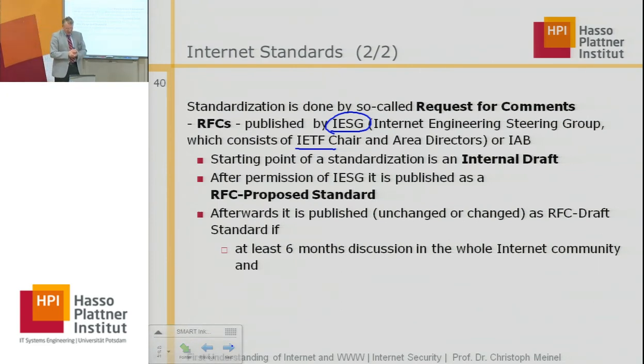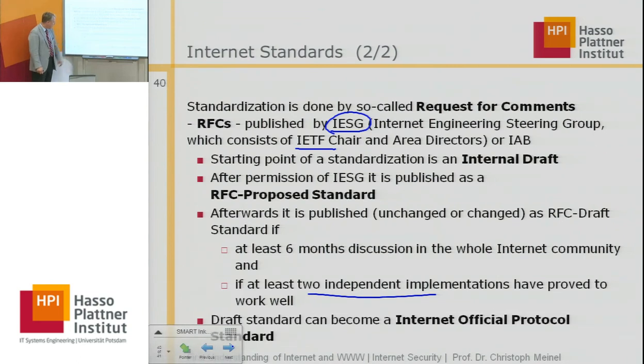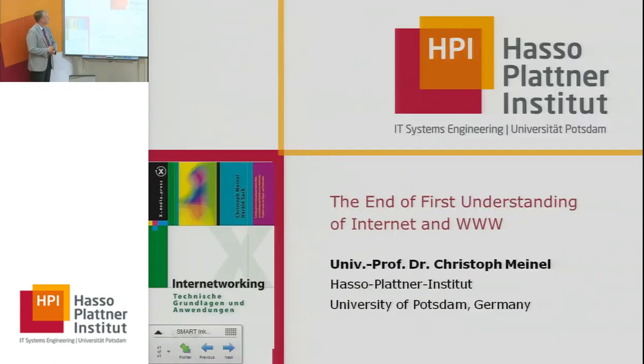This needs to be done after at least 6 months of discussion within the whole internet community, so this standardization process is an open process. The second prerequisite is that at least two independent implementations have proved that the proposed mechanism, the proposed method, works well. And then this draft standard can become an internet official standard.